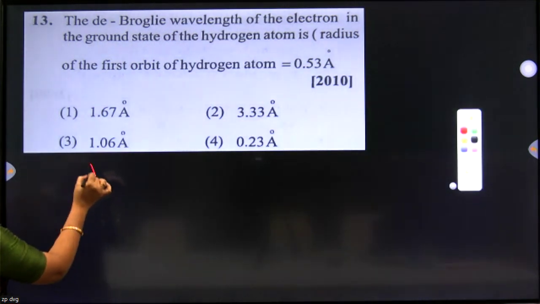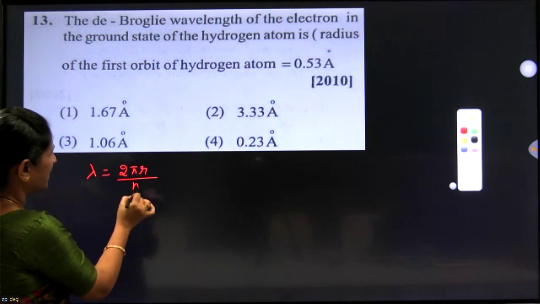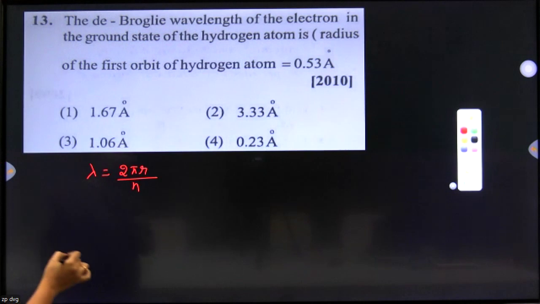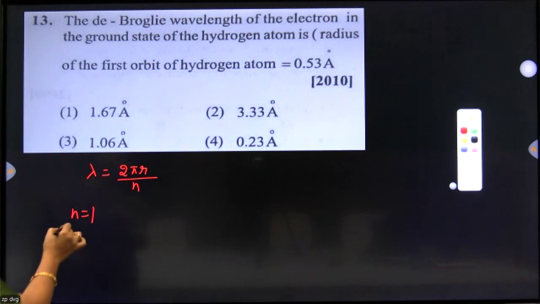De Broglie wavelength lambda is equal to 2 pi r by n. For the first orbit, n is equal to 1. That means ground state, n equal to 1.